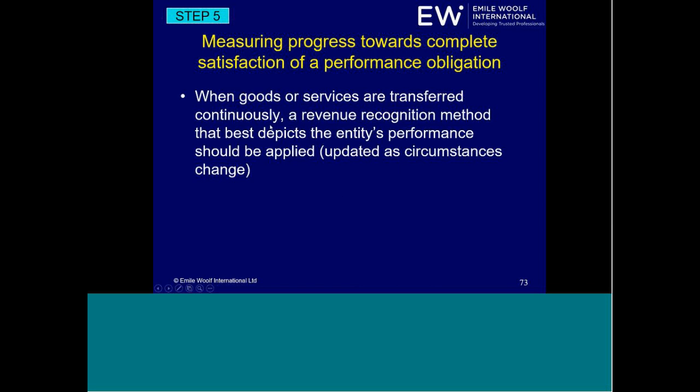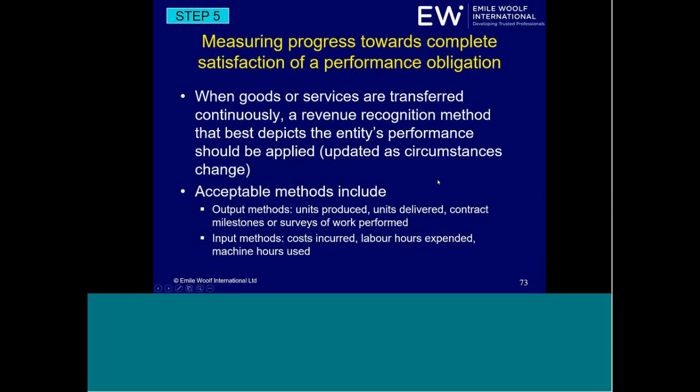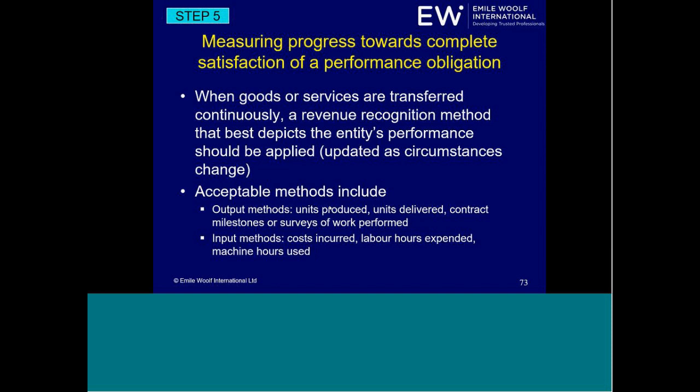That means, just as you're familiar with from IAS 11, either measuring performance by reference to output, 267 kilometers of road out of a 1,000 kilometer project, 26.7%. It's not magic. Or you're, I'm sure, also familiar with using, for example, cost incurred versus total cost, or labor hours to date versus total labor hours. So acceptable methods include input or output measurement.